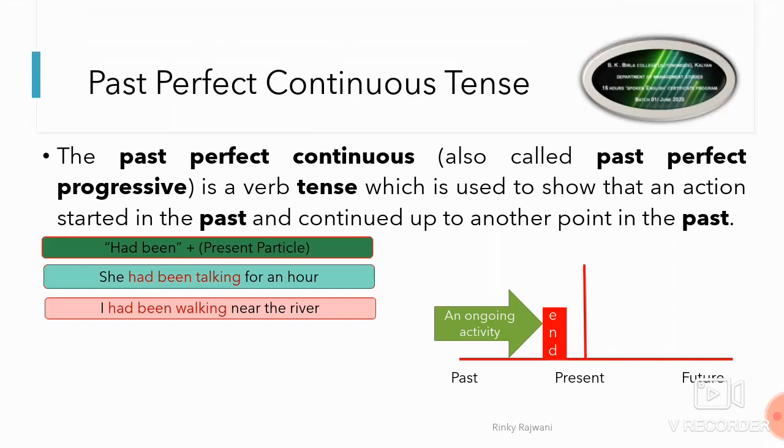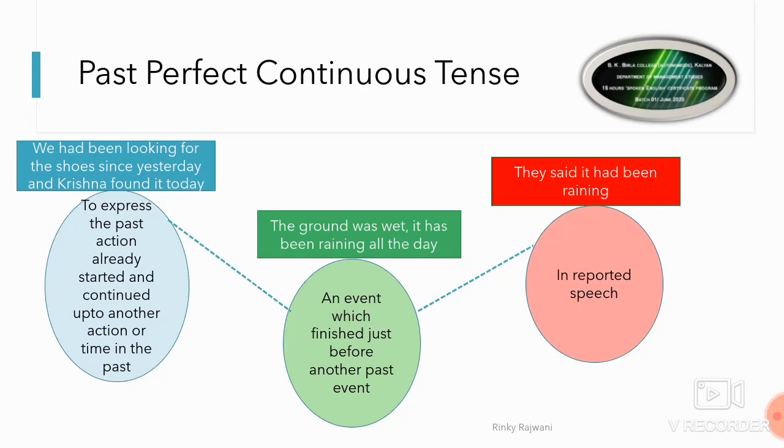Like the example given at the top: we had been looking for the shoes since yesterday and Krishna found them today. Krishna has finally found the shoes today, which we had been looking for since yesterday.